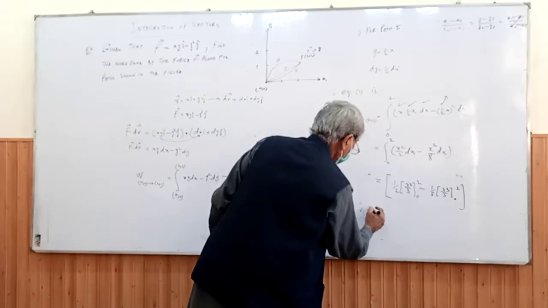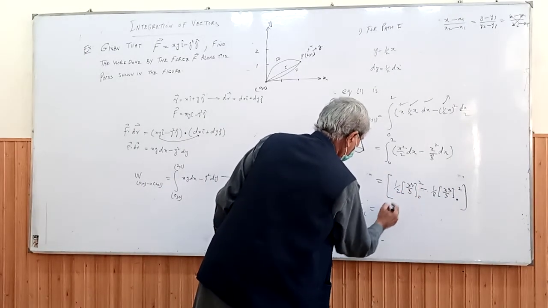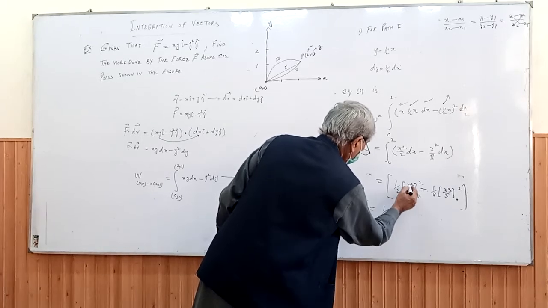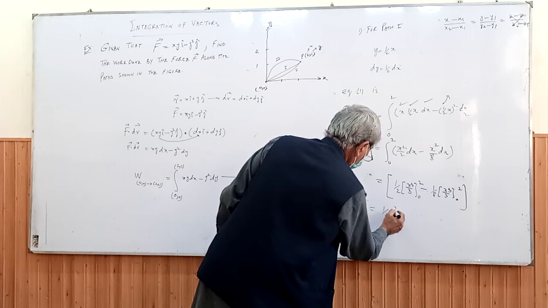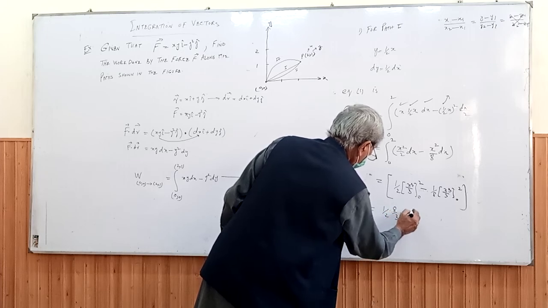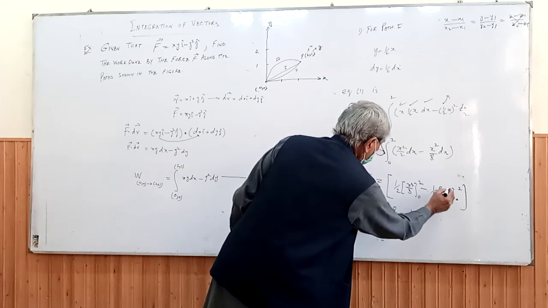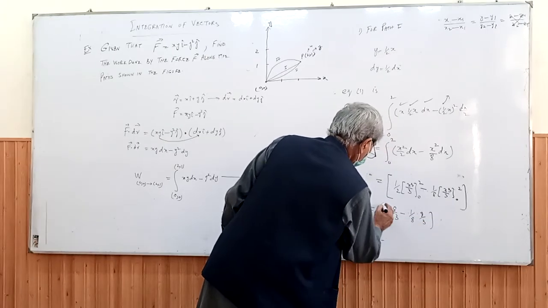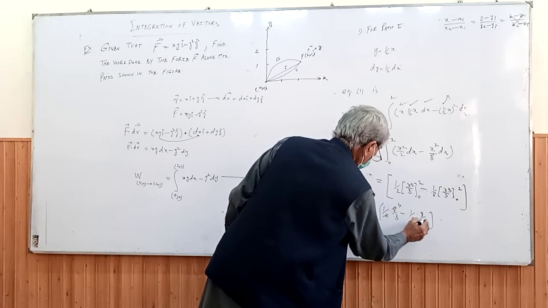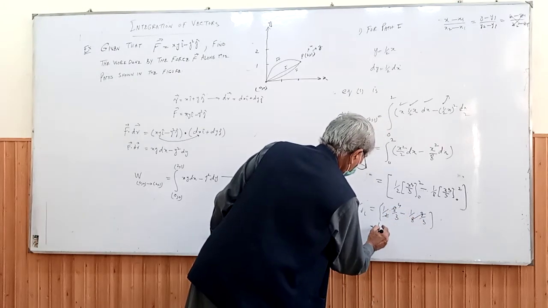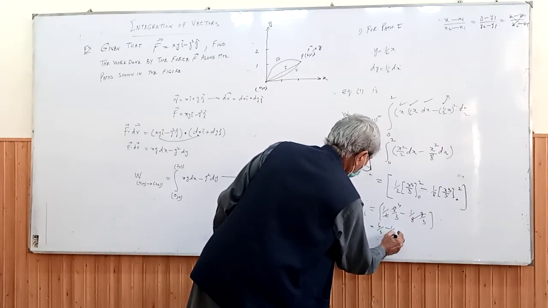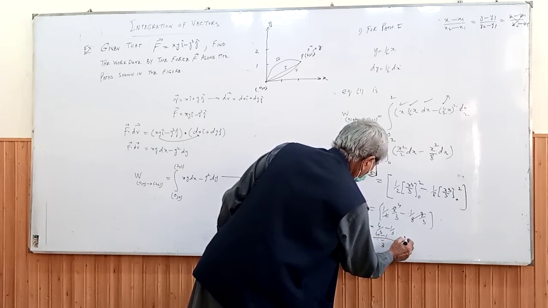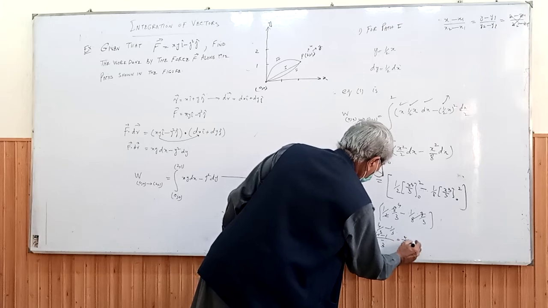Put the values: 8 over 3, so it is 1 over 2, 2 into 2 into 2 is 8, minus 1 over 8, 2 into 2 into 2 is 8, 8 over 3. This is 4 over 3, the 8 cancelled, 4 over 3 minus 1 over 3, 3 is the LCM, 4 minus 1 is 3 over 3, answer is 1.